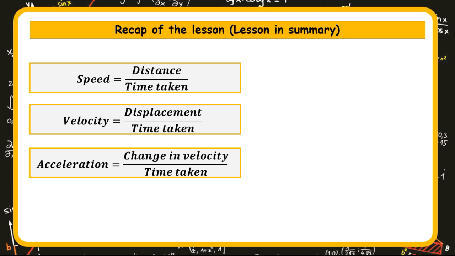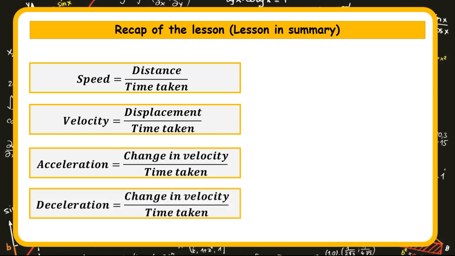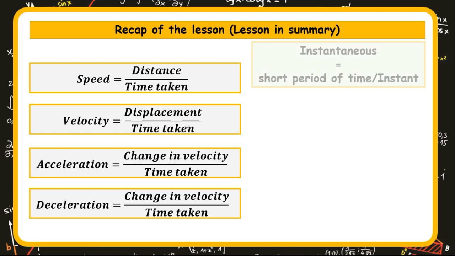Then, when you look at the division of the change in velocity of a body by the time taken, it is acceleration. And so acceleration is change in velocity over time. This must be taken seriously, and you have to understand this perfectly. Lastly, we looked at deceleration, and that is also acceleration, but in a negative sense.